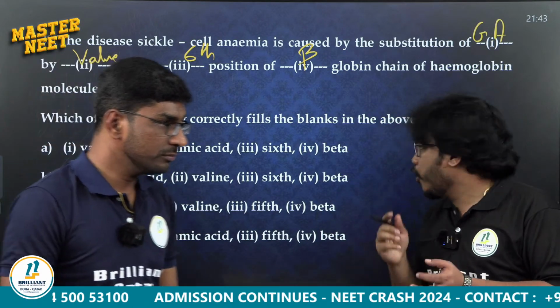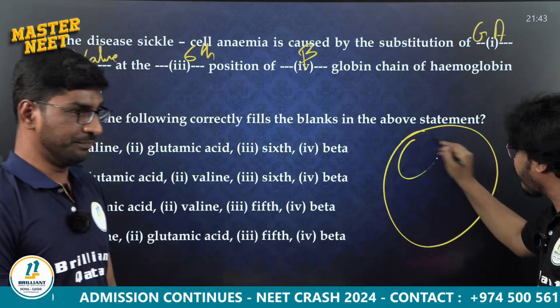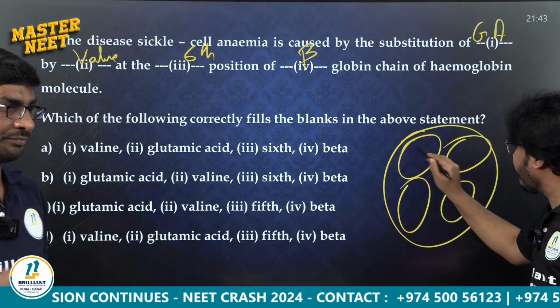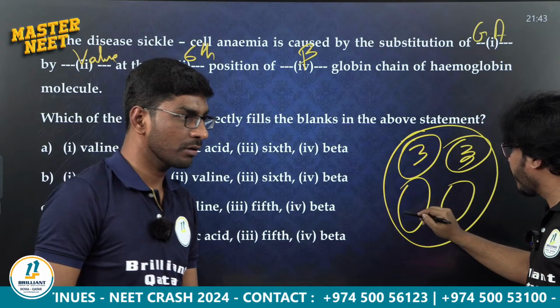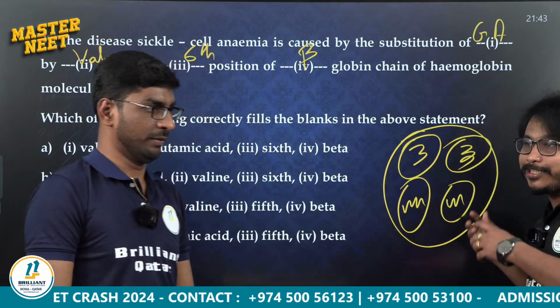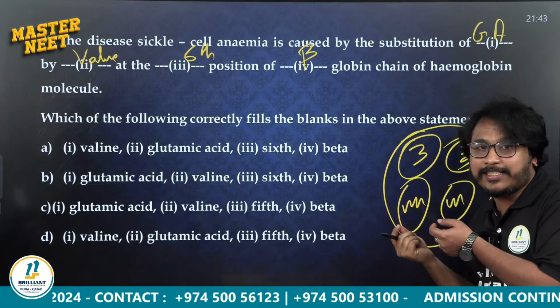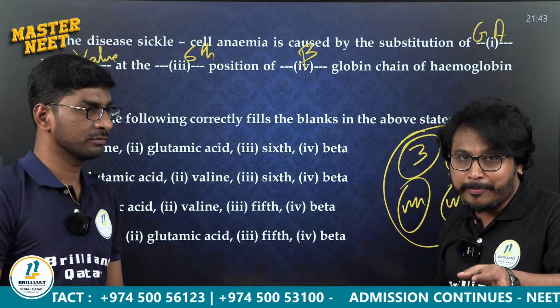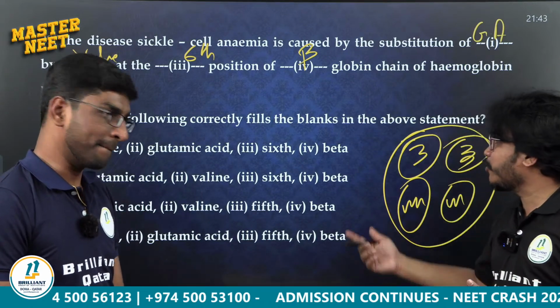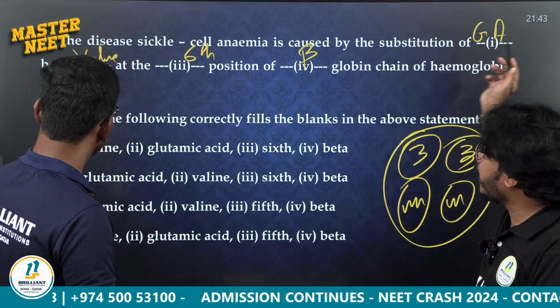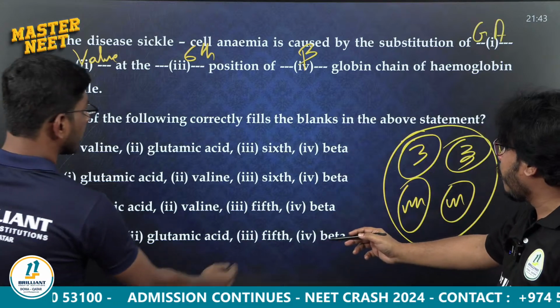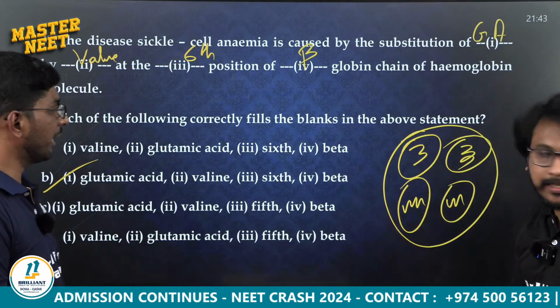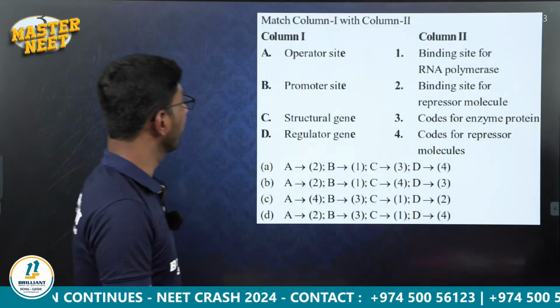Hemoglobin has 4 subunits, 2 alpha and 2 beta. In the beta chain only, the 6th amino acid is getting mutated because of a point mutation. So which is the answer? Glutamic acid replaced by valine, 6th position, beta. B is the answer. Hope you got it. We are moving to the next one.